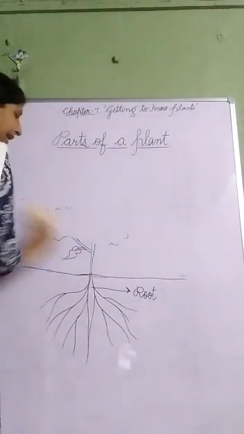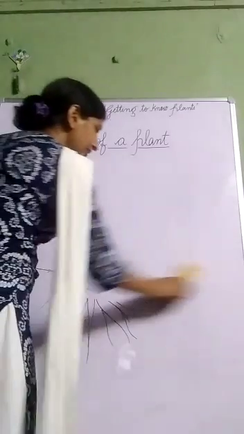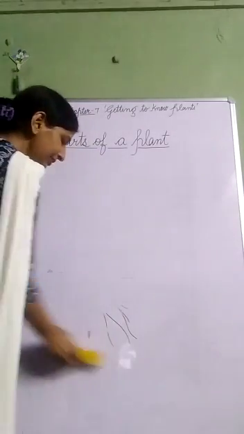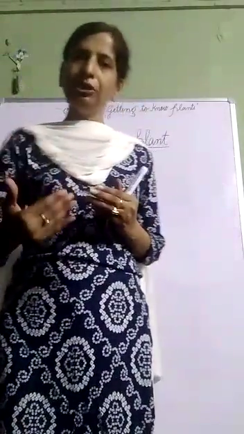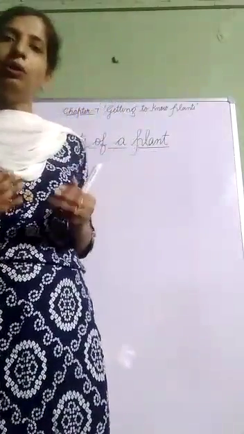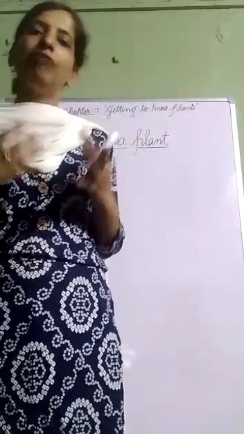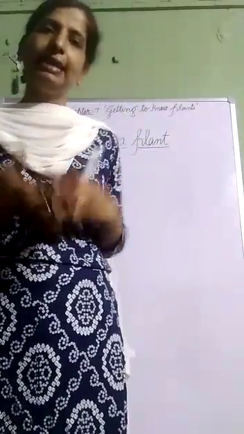I have told you that flower is the reproductive part of a plant. Flower gives rise to fruit and seed. How and in what way flower produces fruit and seed, that I will explain to you in the next video.